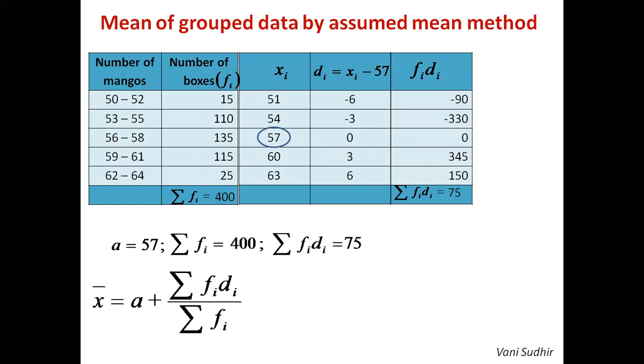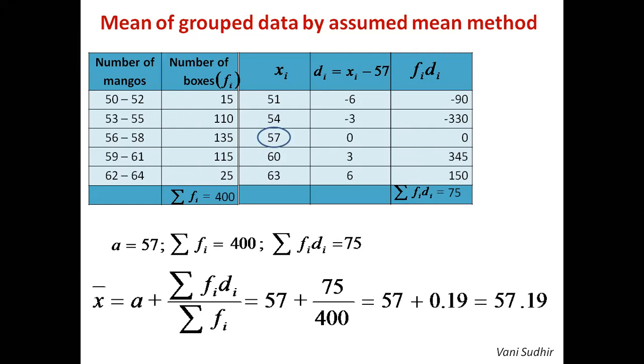And the mean of the data by assumed mean method is the sum of A and summation of fi di upon summation of fi, that is 57 plus 75 upon 400, which is equal to 57 and 0.19, which is 57.19. Therefore, the mean number of mangoes kept in a packing box is 57.19. Approximately 57 mangoes are there in a box.